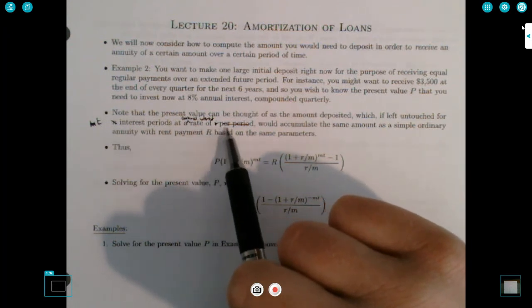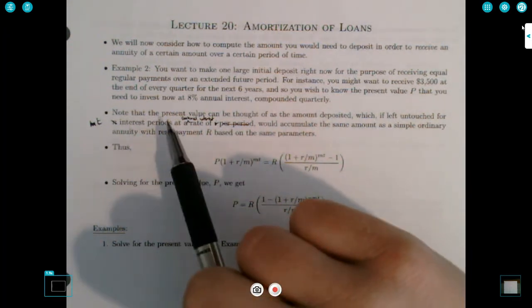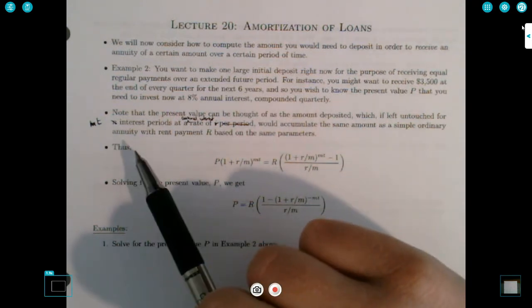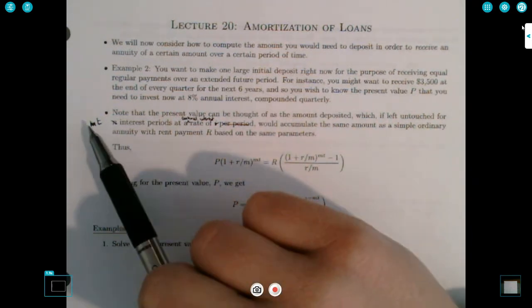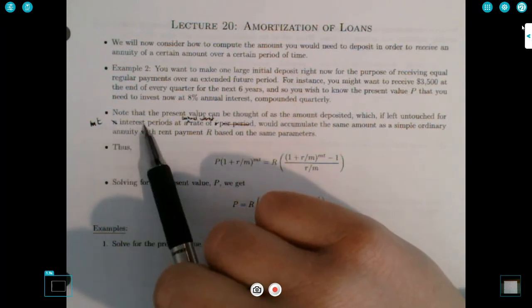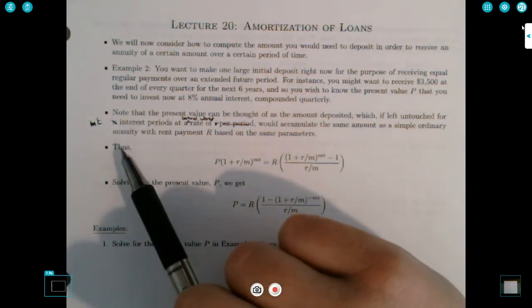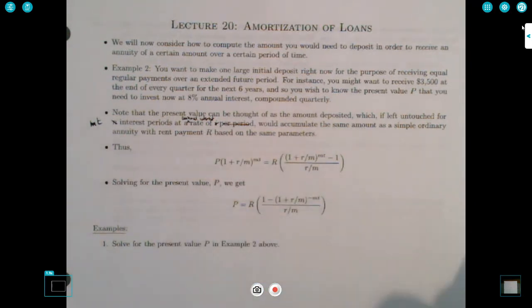With an annual interest rate of R, the present value, if you leave it untouched, would accumulate the same amount as a simple ordinary annuity with rent payment R based on the same parameters.